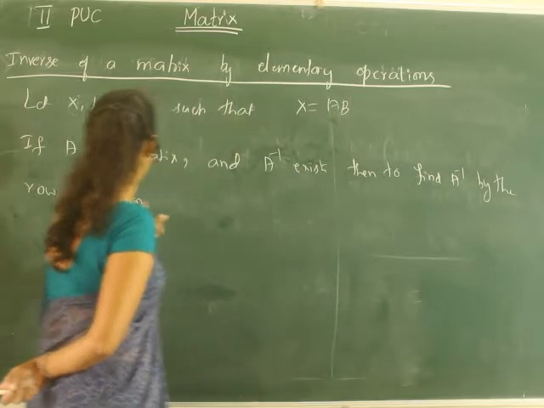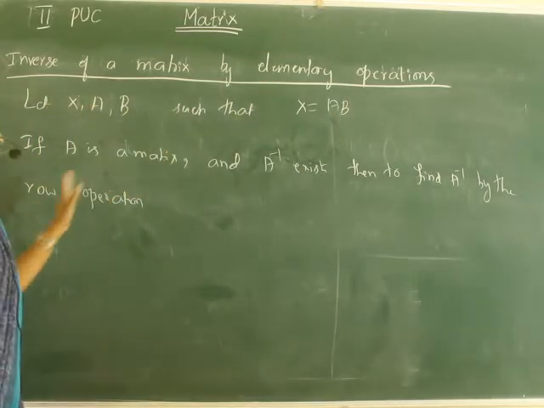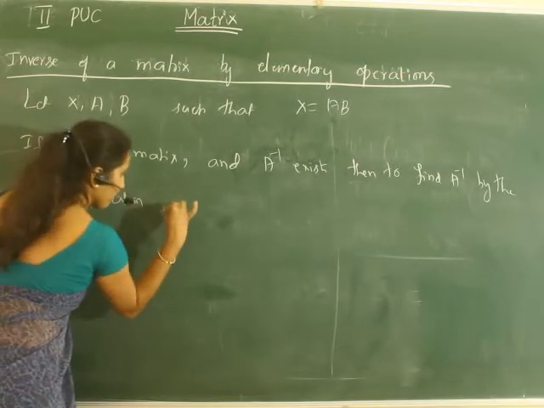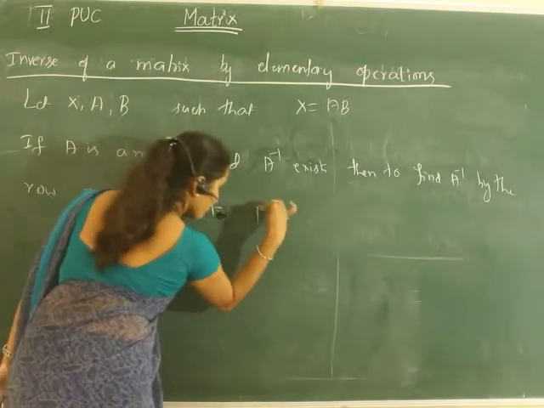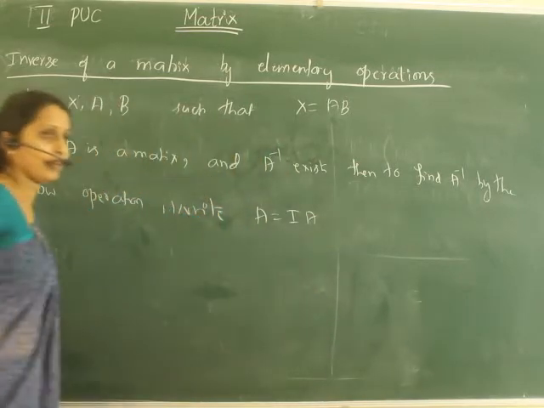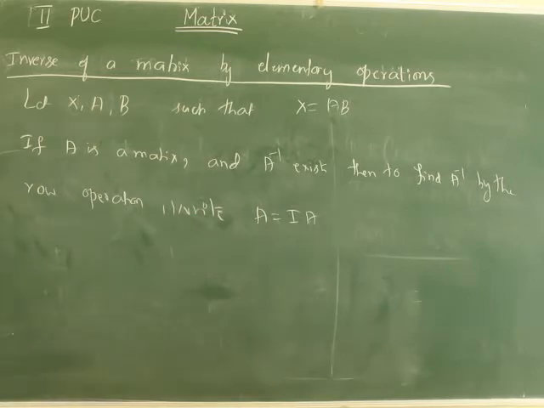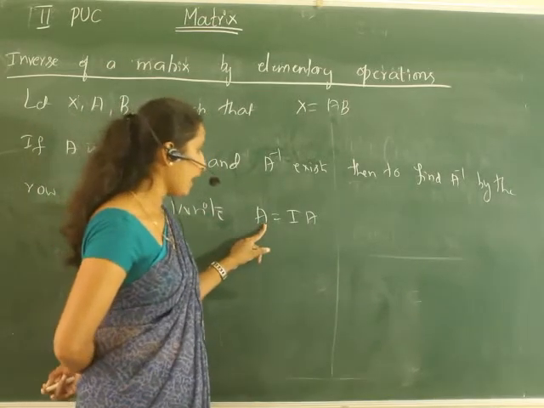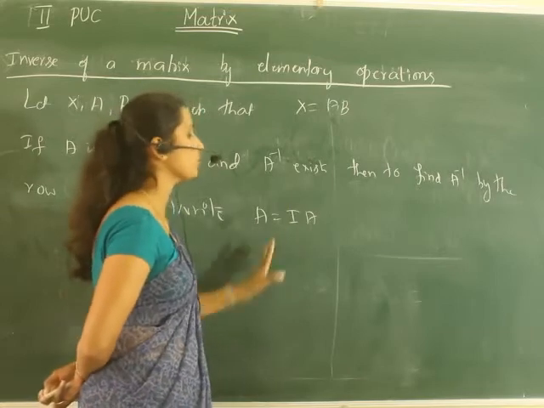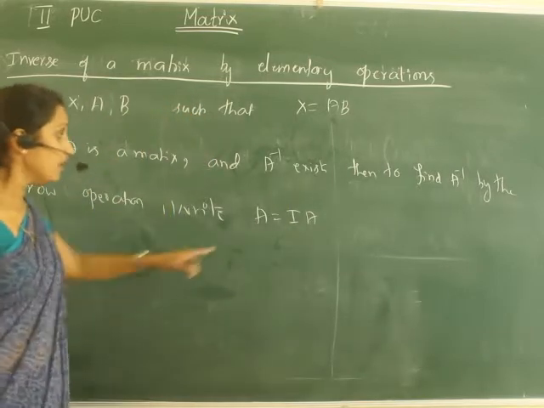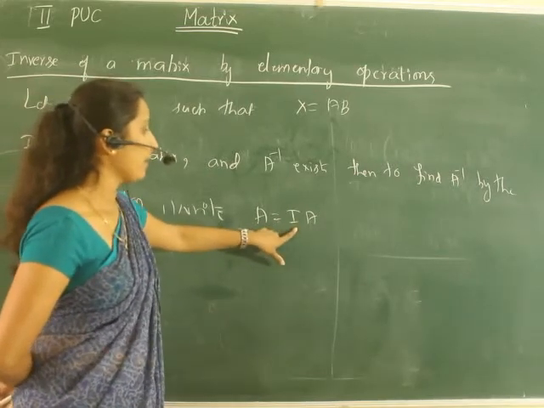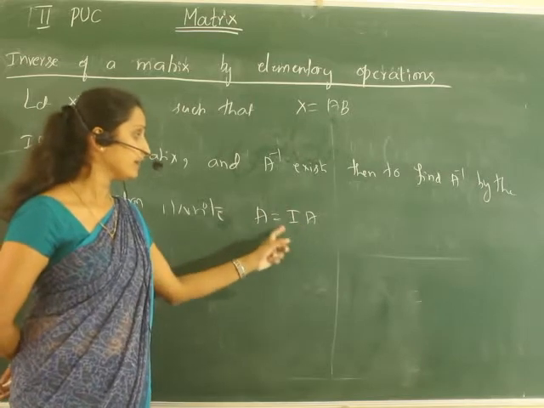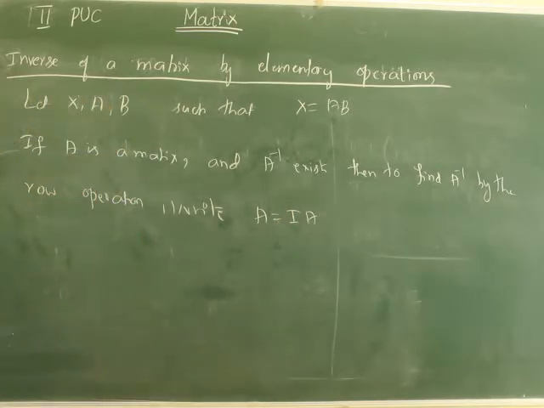So to find A inverse by the row operation, write A is equal to I into A. In order to perform row operations, we write A is equal to IA, and apply the row operations to A as well as to the first matrix I. So we can get A inverse by applying row operations.